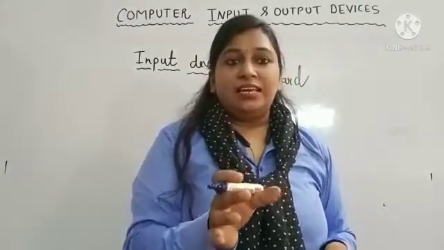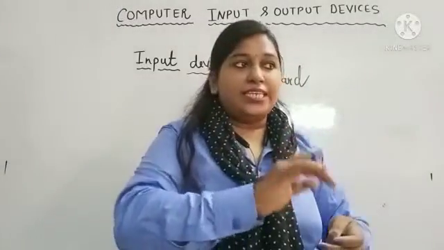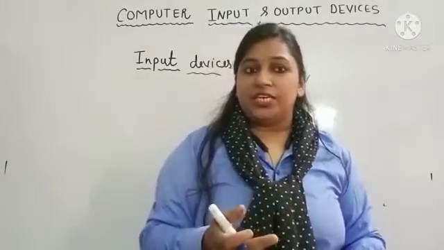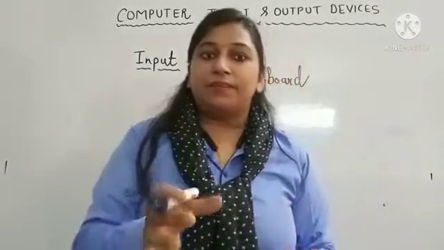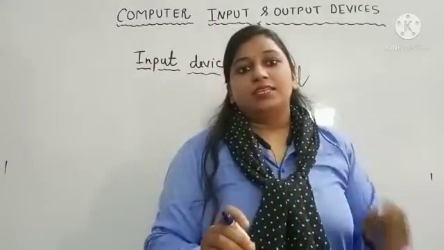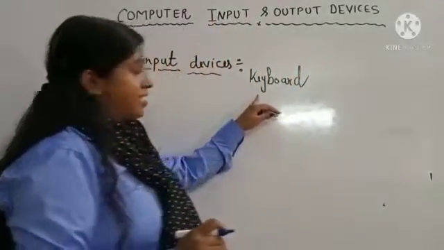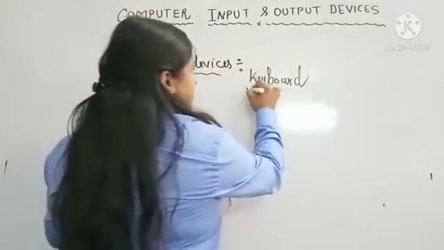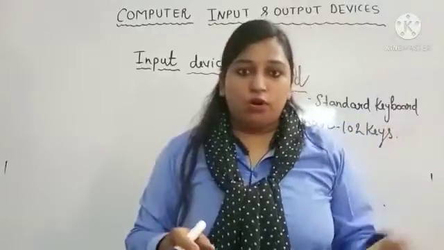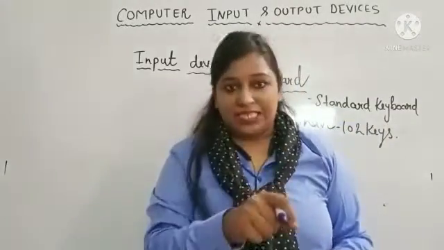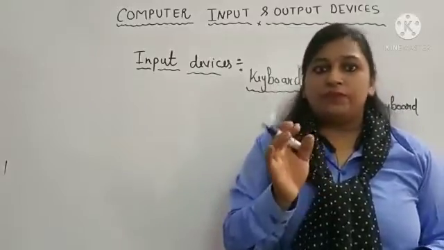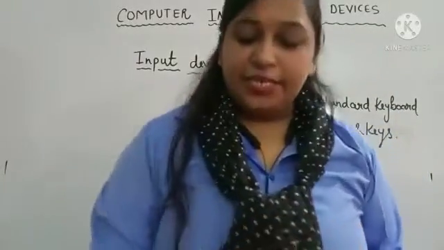If you want to write your introduction, any number, or do any writing work on a computer, then you will need a keyboard. The keyboard is an input device. The number of keys varies according to cost and size. It may be 101, 104, so it will vary, right?